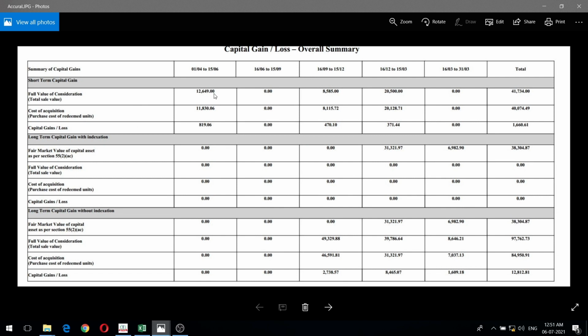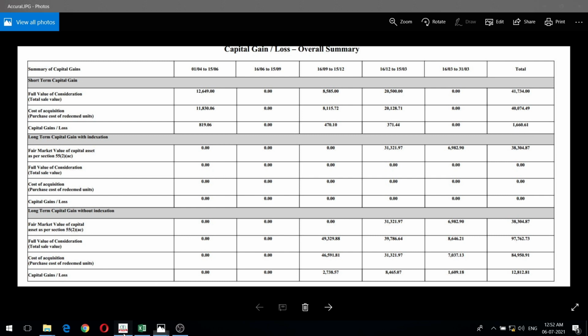You can see the time durations are kept segregated, so you can take the value right from here. From 1/4 to 15/6, this is the amount you have gained. For the next quarter it is 0. For the next one it is 470, like that you have to fill it up. So in total you have to make it 1660.